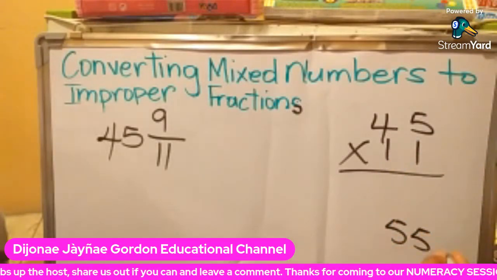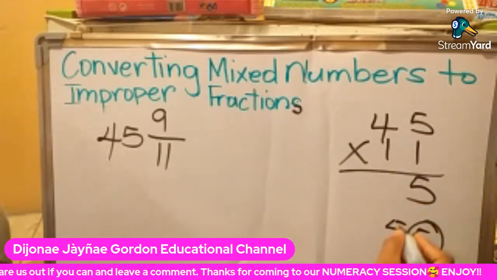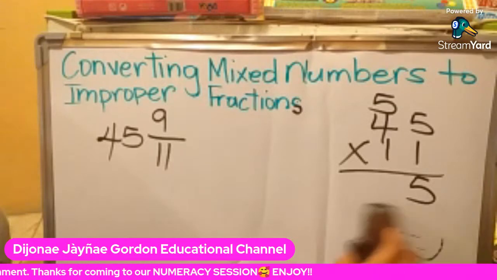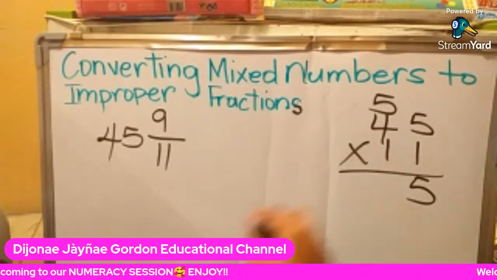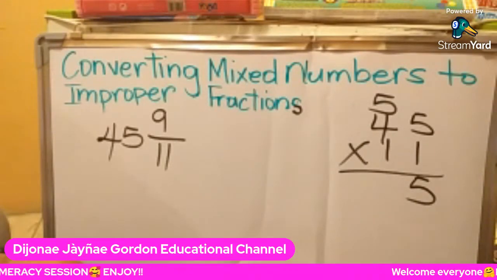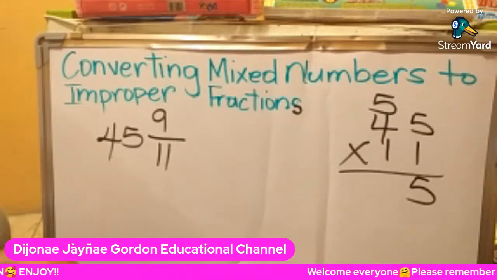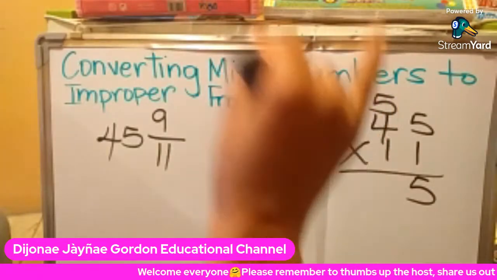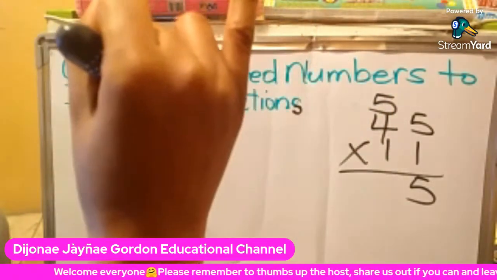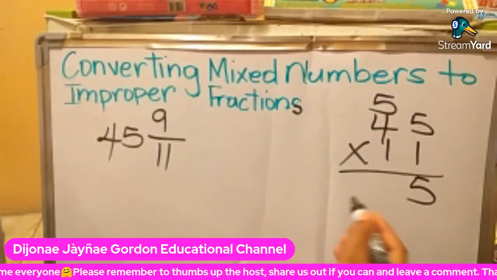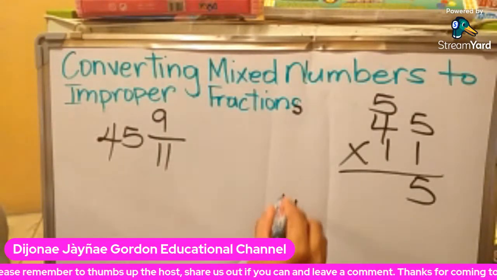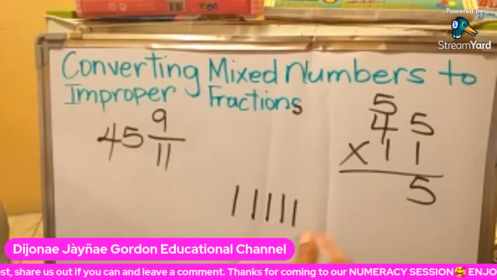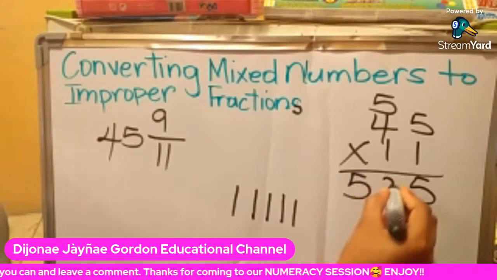So we're going to put down the 5 that is in the 1's place and carry the 5 that is in the 10's place. So now we are going to multiply 11 by 4. So 11 multiplied by 4 is 48. So 48 plus 5. 48, 49, 50, 51, 52, 53. And that should be your answer, 53.